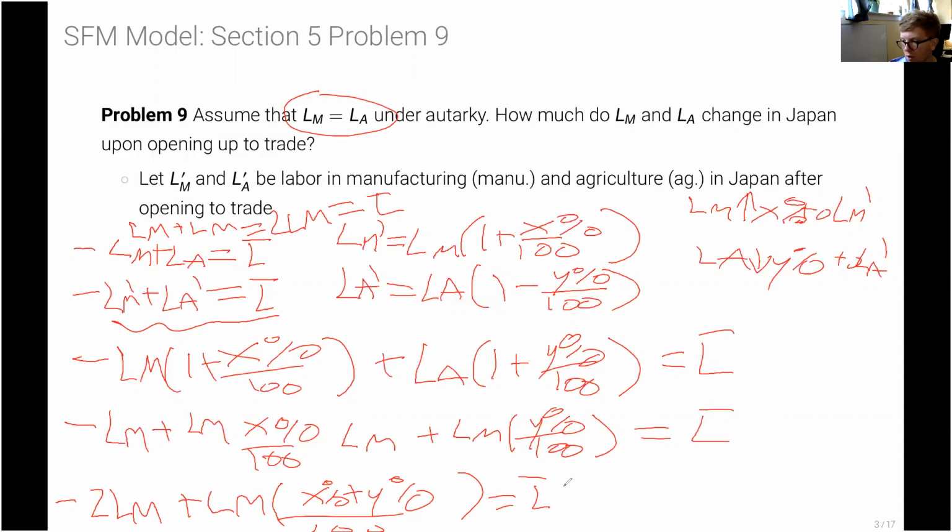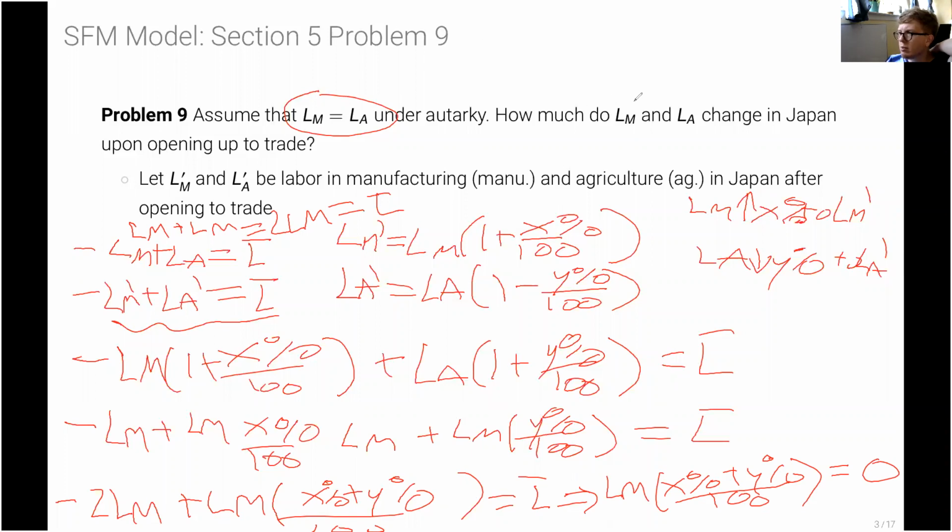And so this taken all together implies that LM times X% plus Y% over 100 must be equal to 0. You can see that because I subtract 2LM or L bar on both sides. Okay.